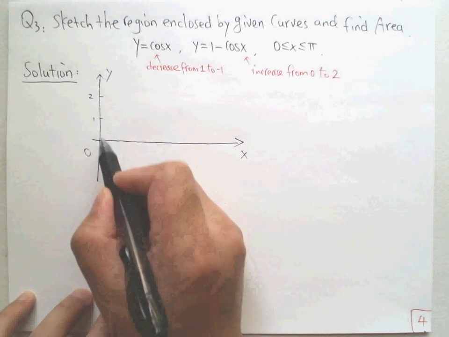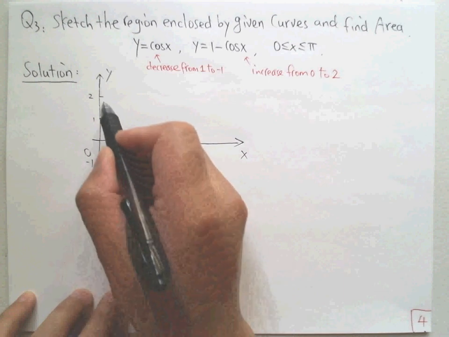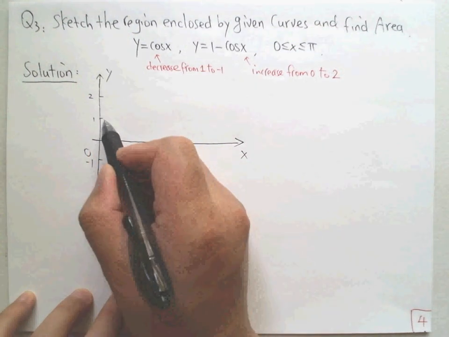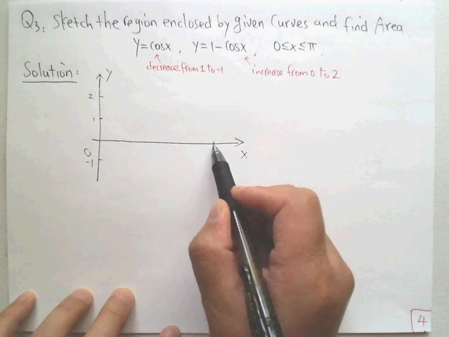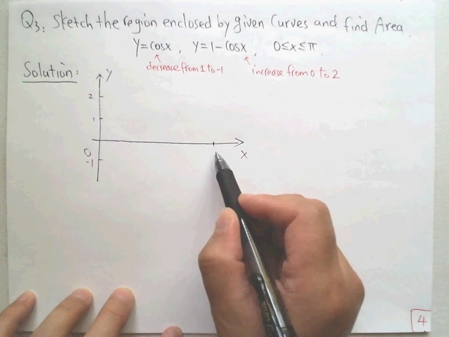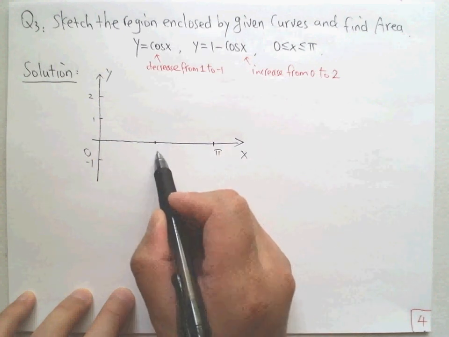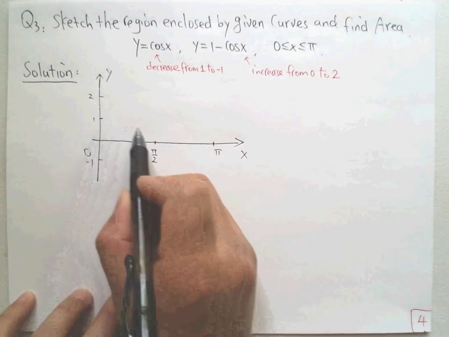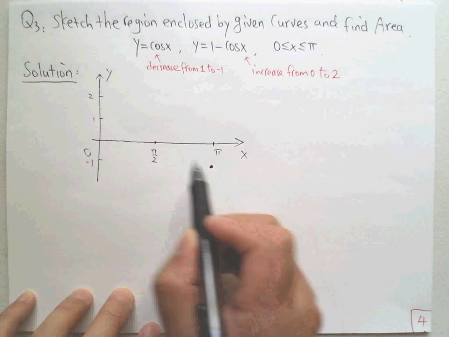This is 1, this is 2. From 1 to -1, so like this is -1. So the first is from 1 goes down, right? Everyone knows this. If I say pi is here, this is pi. The middle is half pi.